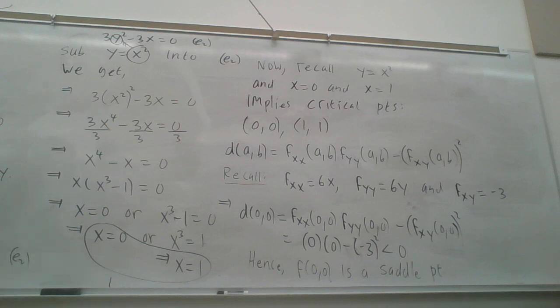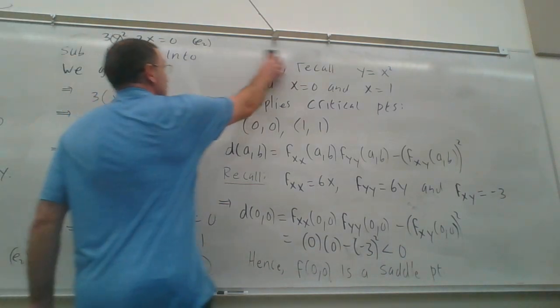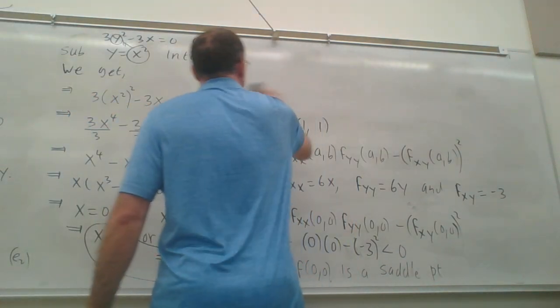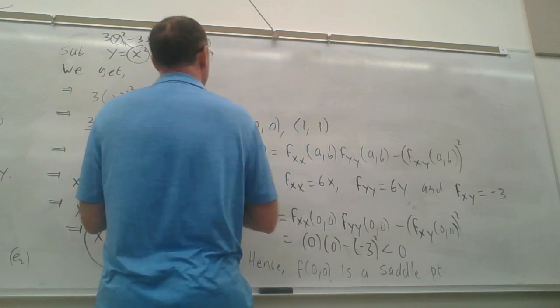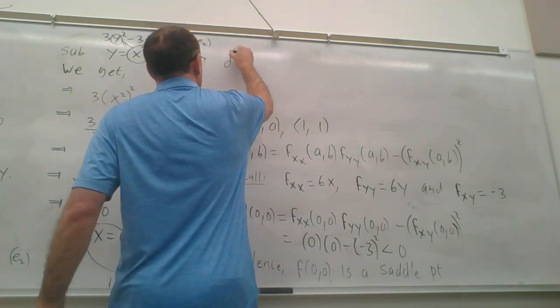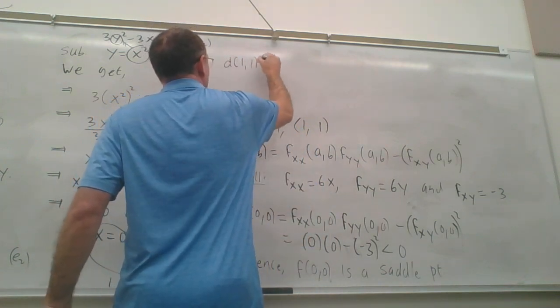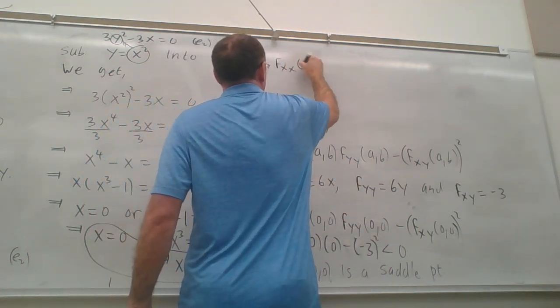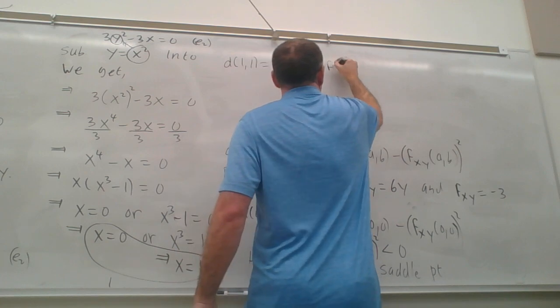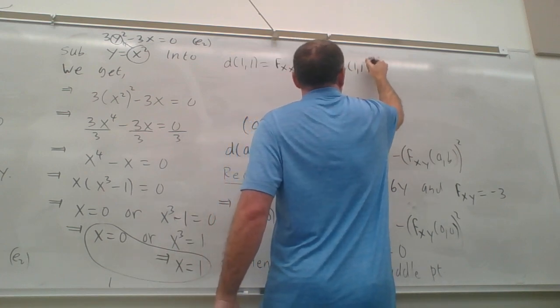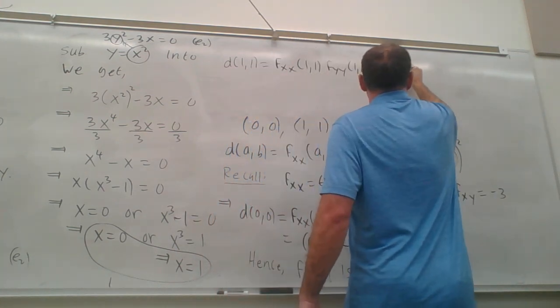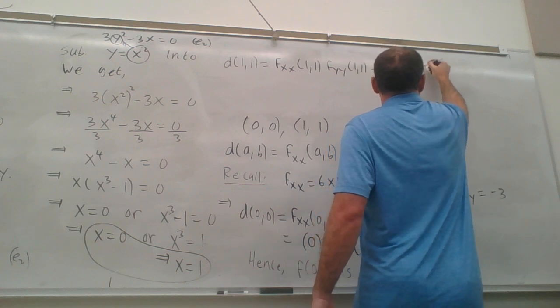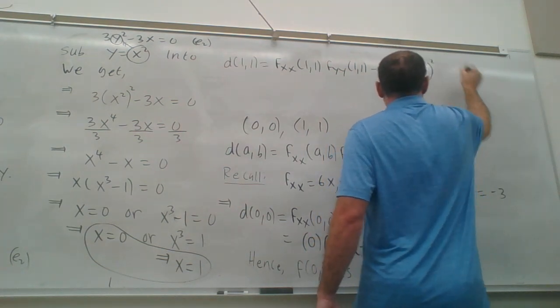Okay, so let's keep going. All right, so let's do D of 1, 1 now. D at the point 1, 1 is going to be f double x of 1, 1 times f double y of 1, 1, minus f xy 1, 1 squared.